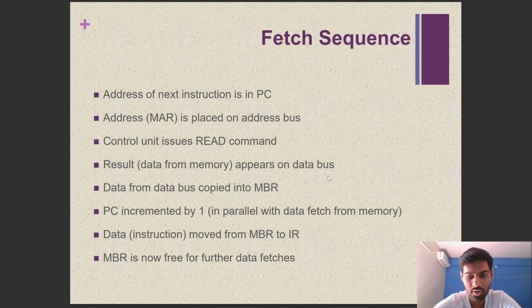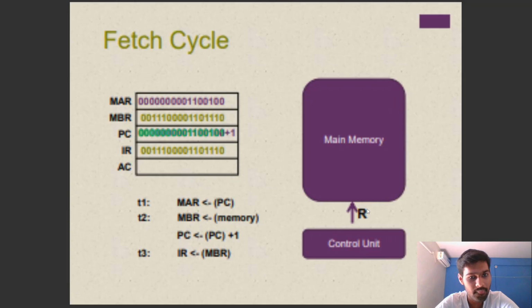Result appears on data bus. Data from data bus is copied to MBR, memory buffer register, and program counter is incremented by 1. Data is moved from MBR to instruction register. MBR is now free for further data fetches.